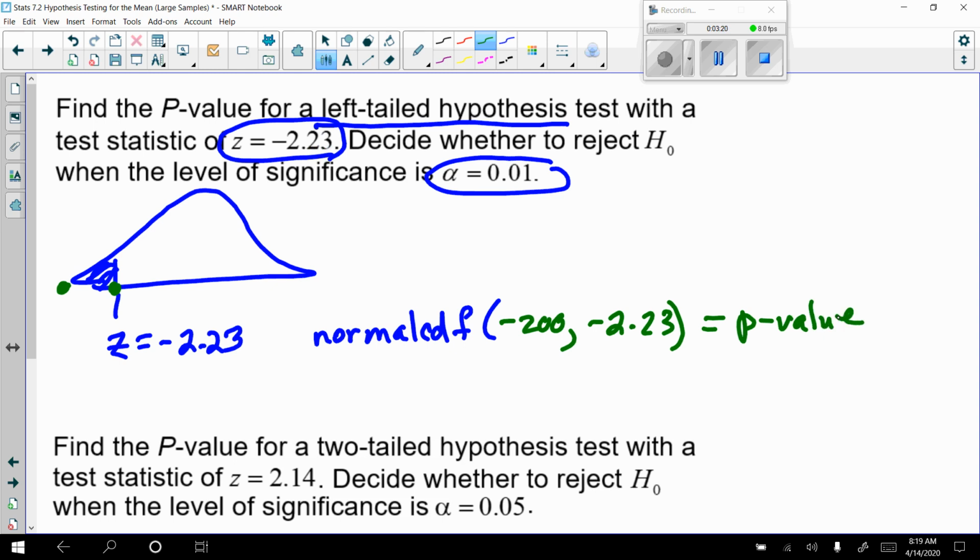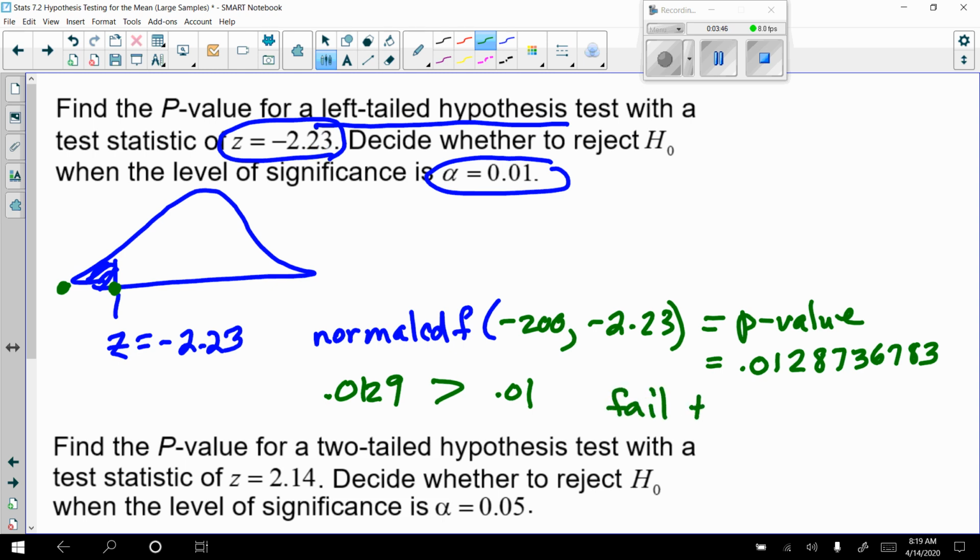Our percentage of the shaded region is what it is, and that gives us a p-value of 0.012873673. Now we're going to compare 0.0129 to 0.01, and it's greater than. That means we fail to reject the null hypothesis.